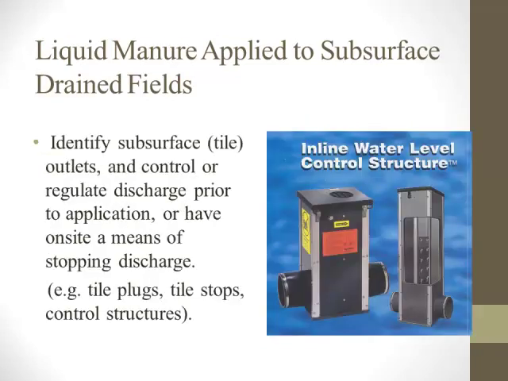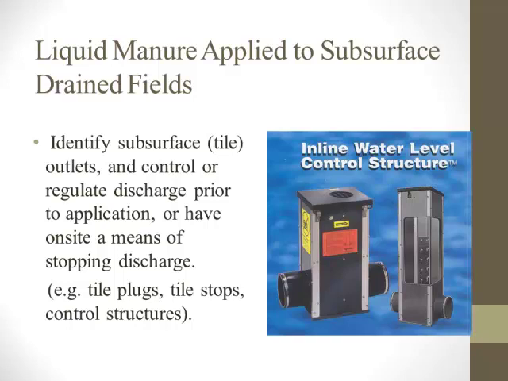More and more, if the fields are being used for liquid manure application, we're encouraging that they look at some type of water control structures on those outlets if manure is being used on a regular occasion.